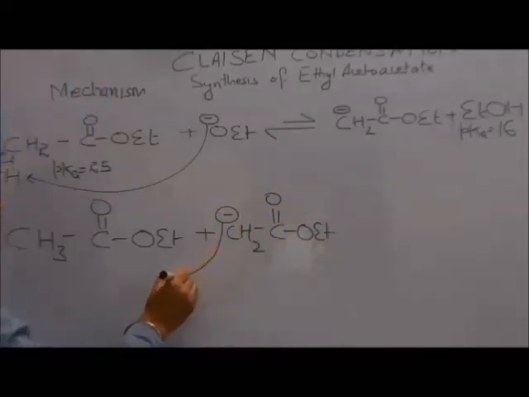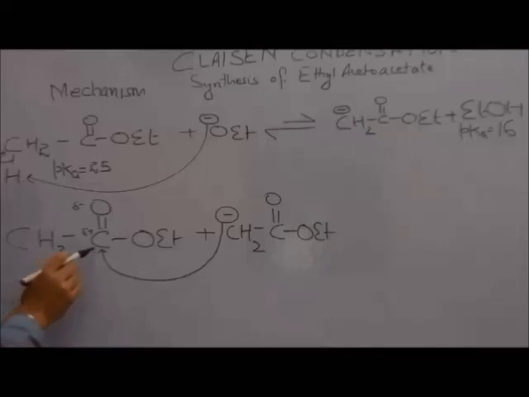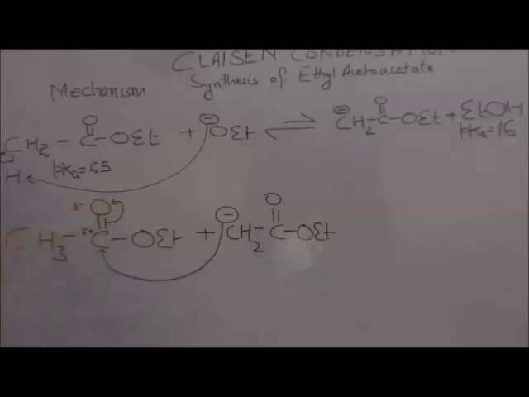The nucleophile, this carbanion, will attack at this carbon. Why? Because it is electrophilic in nature. This carbon has a partial positive charge because it is attached to an electronegative oxygen atom. Now to maintain the tetravalency of carbon, this pair of electrons will be shifted onto oxygen.